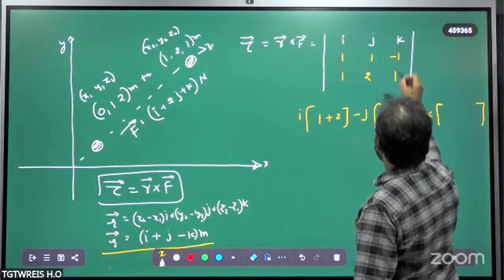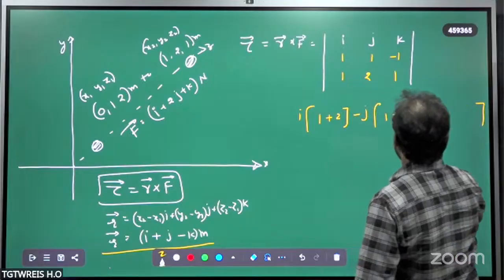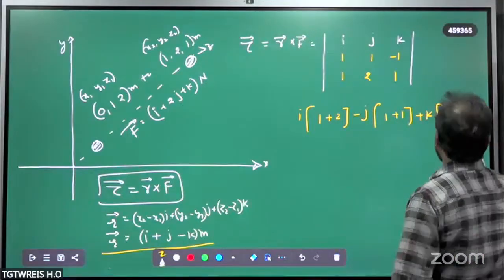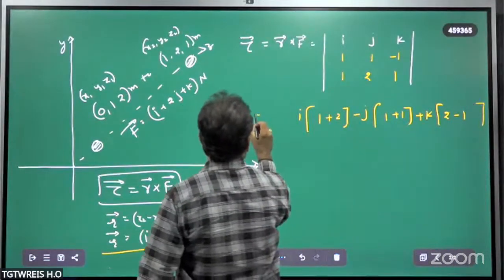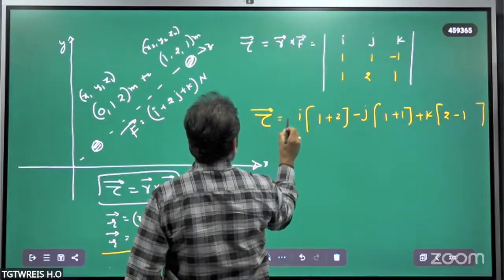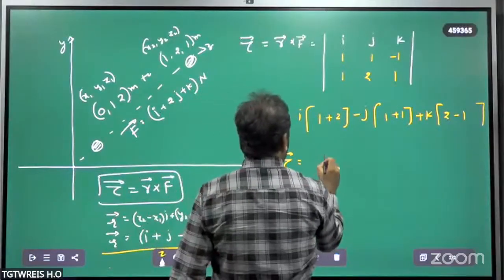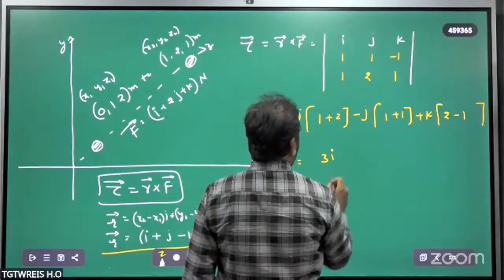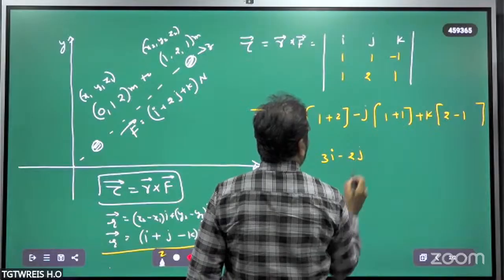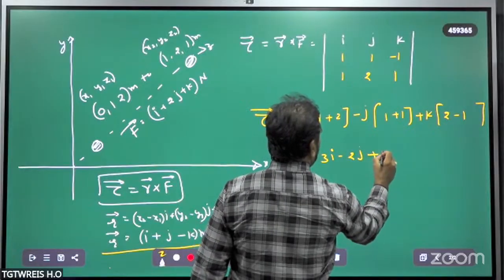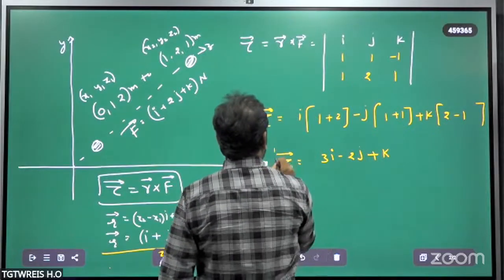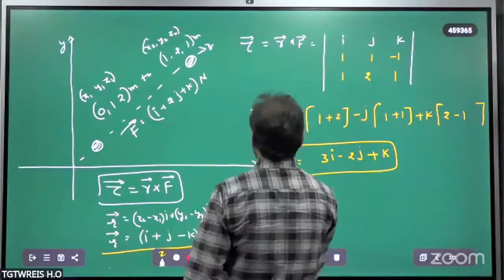The two lines get cancelled out, 2 minus 1. Therefore, the torque acting on the object is given by tau equal to 3i minus 2j plus k. So this much torque acts on this particle.